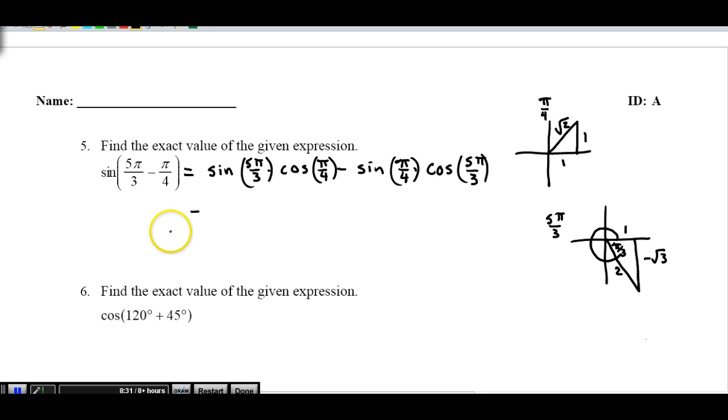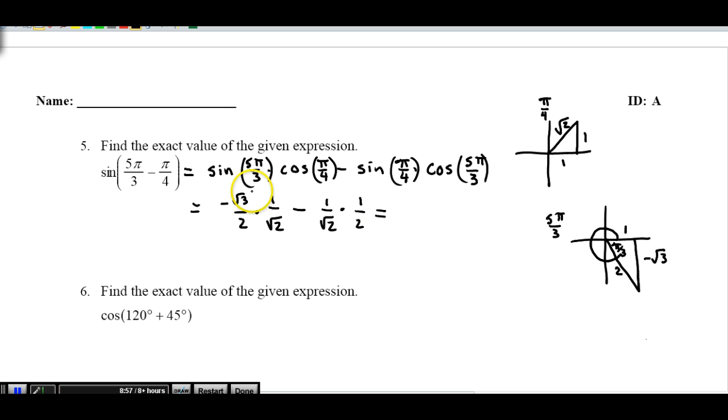The sine of 5 pi over 3 is negative root 3 over 2, times the cosine of pi over 4, which is 1 over root 2, minus the sine of pi over 4, which is 1 over root 2, and the cosine of 5 pi over 3 is 1/2.